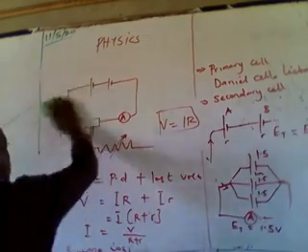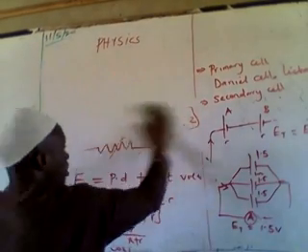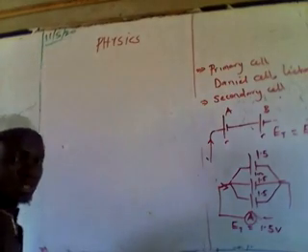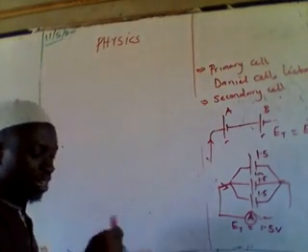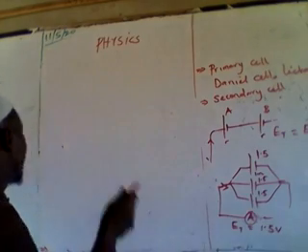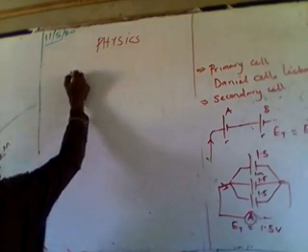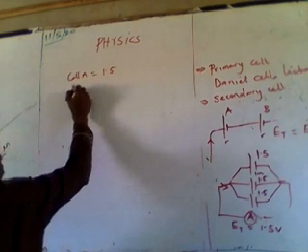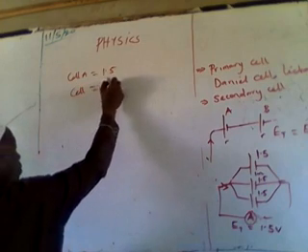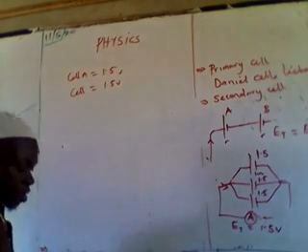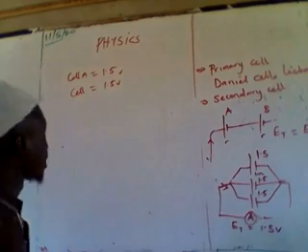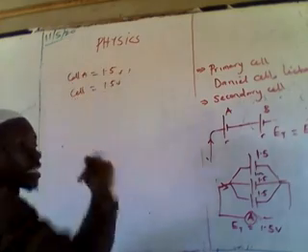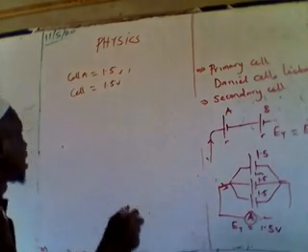So example 1 now. We are given two cells each of EMF 1.5 volts. Let's say cell A equals 1.5 and cell B also equals 1.5 volts. Each cell will have its own internal resistance, as we said earlier.